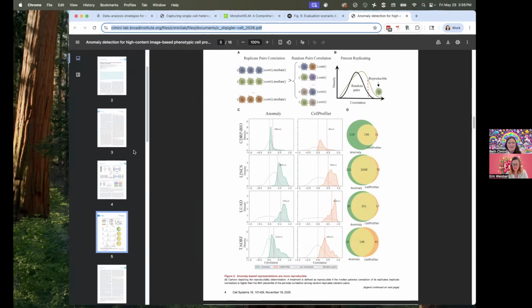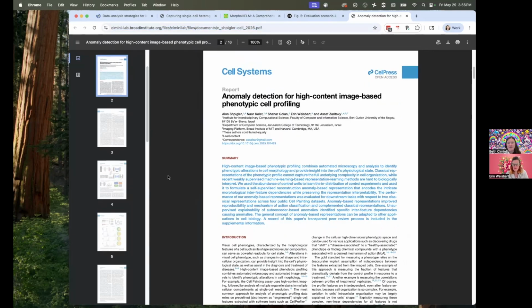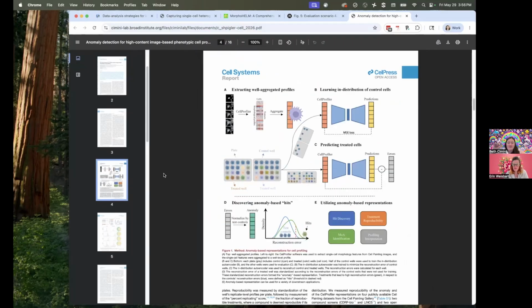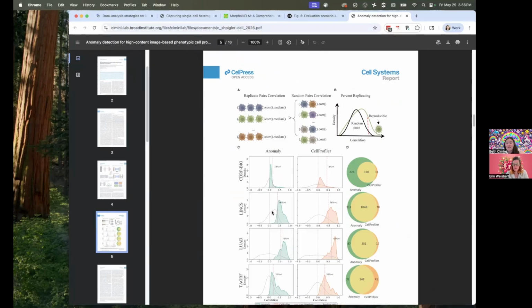We also previously talked about this particular paper from Assaf Zaritsky's group, but one option would be, rather than keeping the original feature distribution at all, to ask: can we predict how the feature would change?